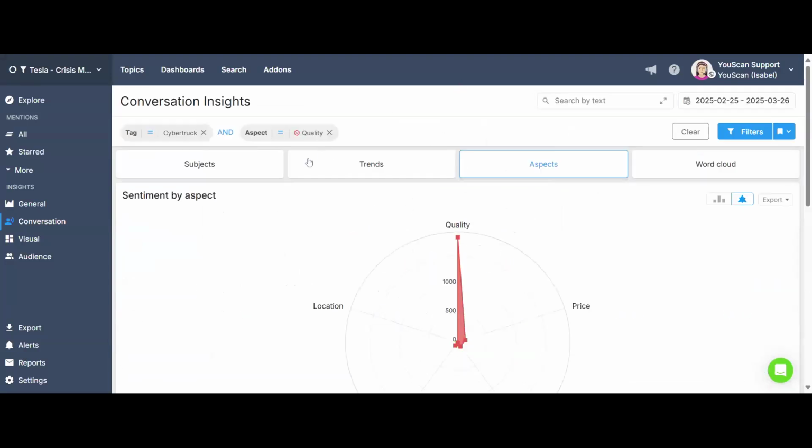And I understand what the main conversations are. I understand that people are talking about the panels falling down and the massive recall, but how can I go deeper?